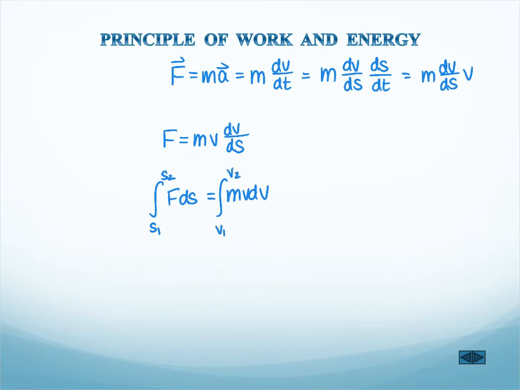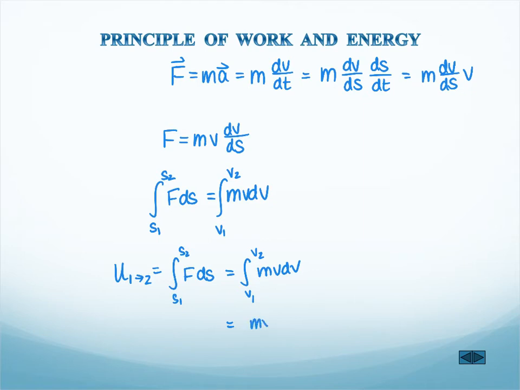But notice that the left-hand side is really just the work in going from point 1 to point 2, because it's F ds, S1 to S2. And then we can relate it to this integral involving velocity. And so let's look at what that is.